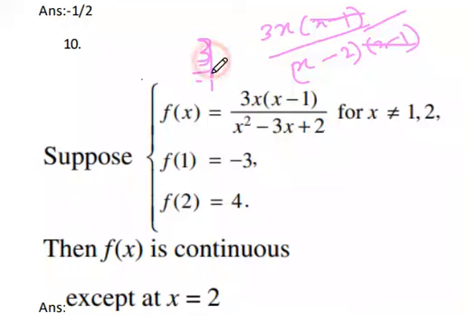So what happened to the other point? Let's check the other point. As x approaches 2, the numerator approaches 6, because 3 times 2 is 6, and the denominator becomes 0, so the function is not defined.